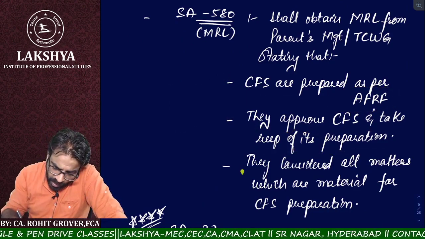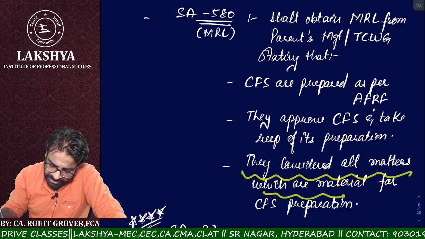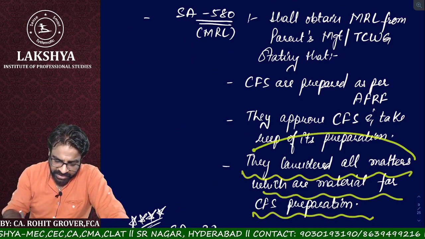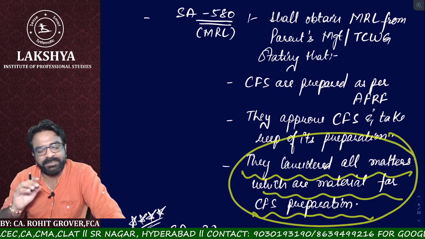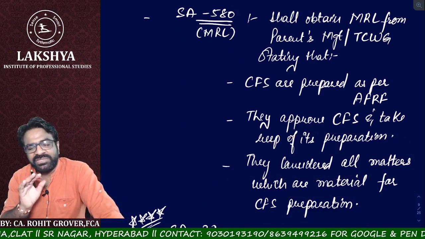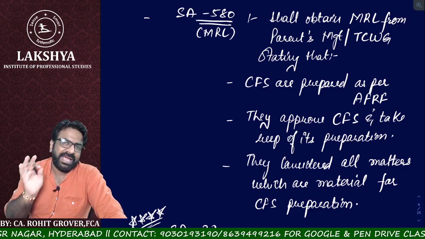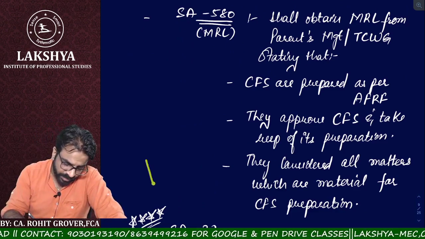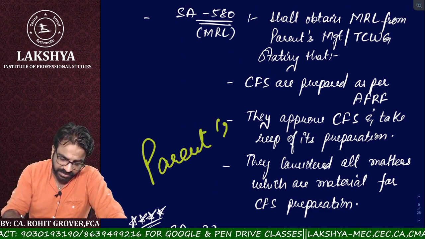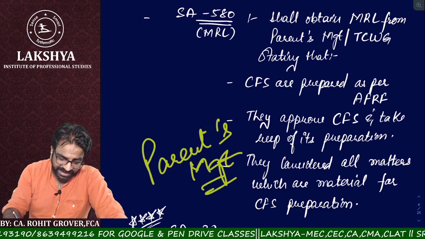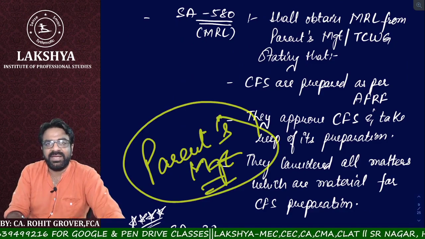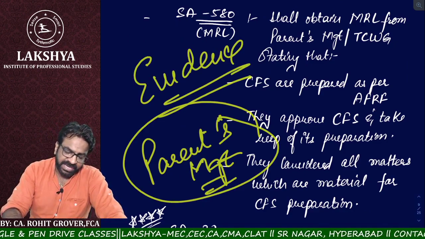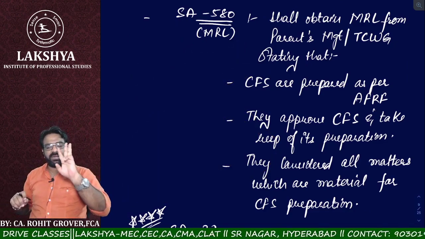And they considered all the matters which are material for CFS preparation. Those important financial information of the components which are material to be included, or some which are immaterial and not to be included, everything has been taken up as a responsible management. By whom? By the parent's management. So basically SA 580 says that the auditor needs one piece of evidence in his pocket saying that the parent's management is declaring three things.